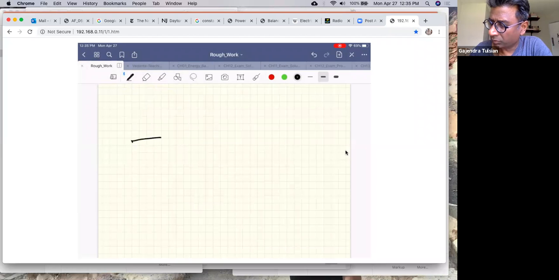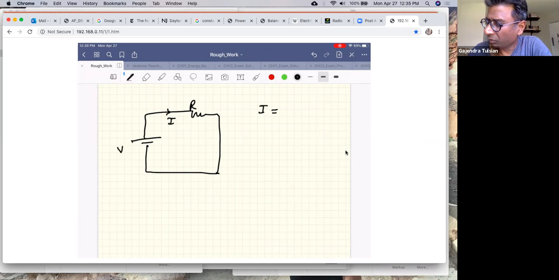Okay, so here's a source, and here's a resistor. You saw that the current in this circuit was given by voltage divided by the resistance.